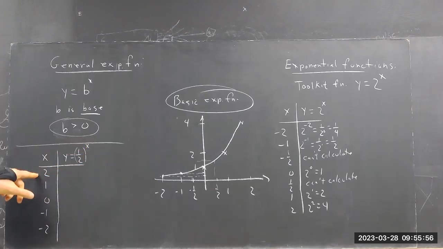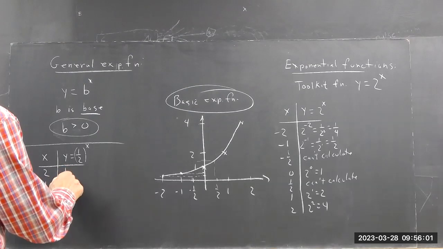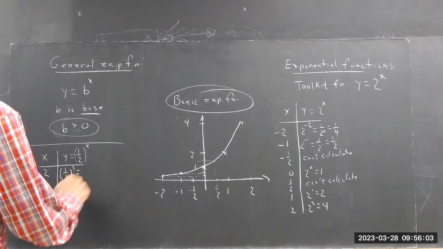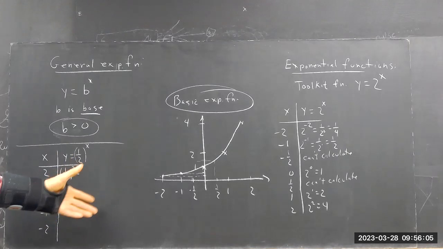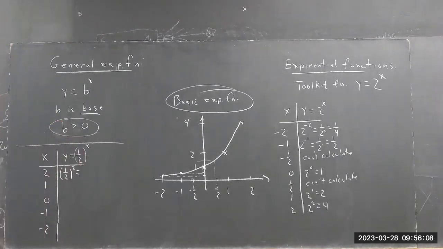What's 1/2 to the second power? Okay, so we're going to get 1/2 second power equals what? And write it out. Then see what your graph looks like. Okay, well, if y equals 1/2 to the x, then when x equals 2, we have 1/2 squared, right? And most people, when we finally got down to it, were able to tell me that 1/2 squared was 1/4.